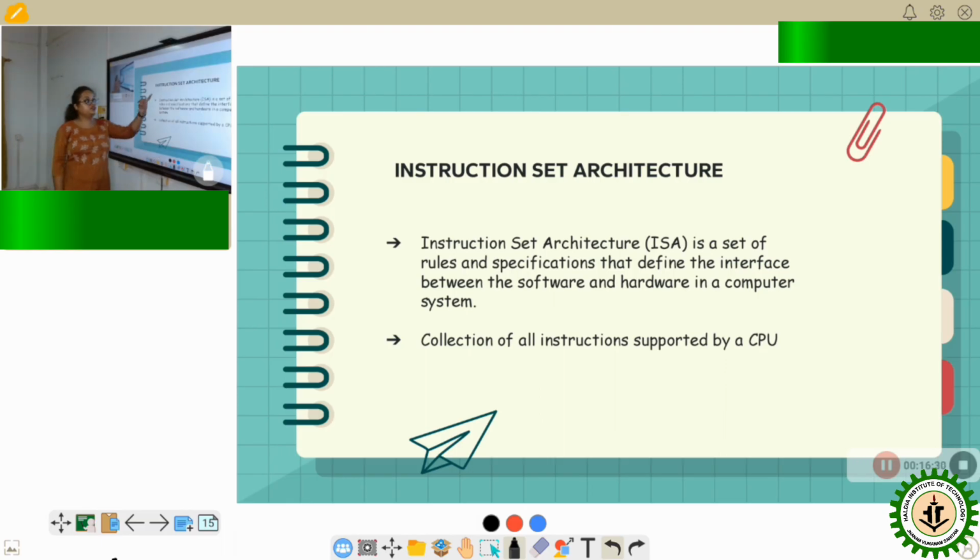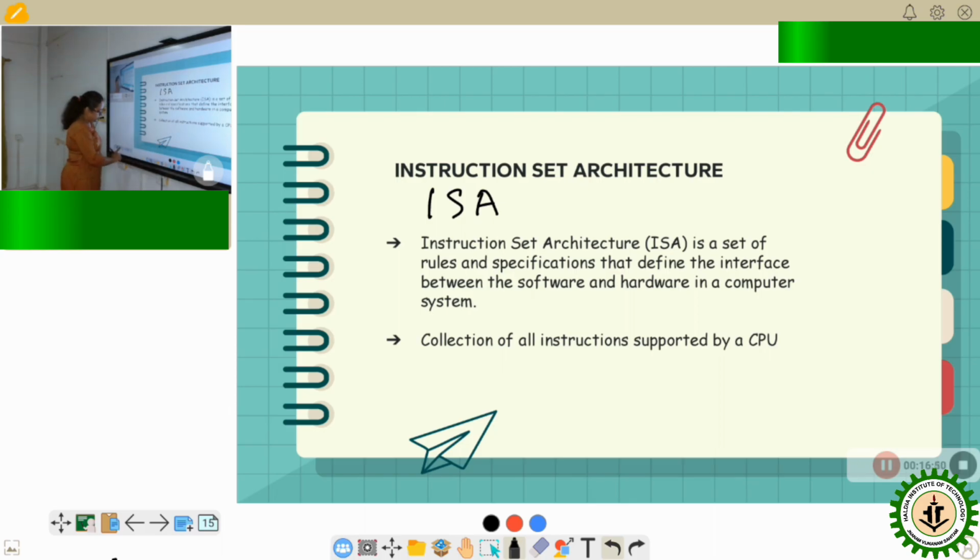Now, what is instruction set architecture? It is also called ISA. ISA is a set of rules and specifications that define the interface between the software and hardware in a computer system. It is a collection of all instructions supported by a CPU.